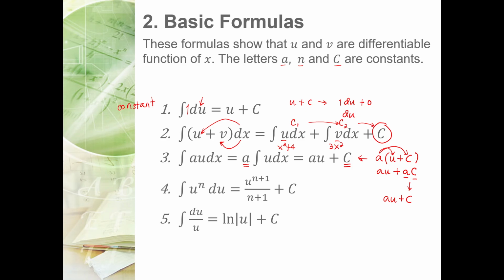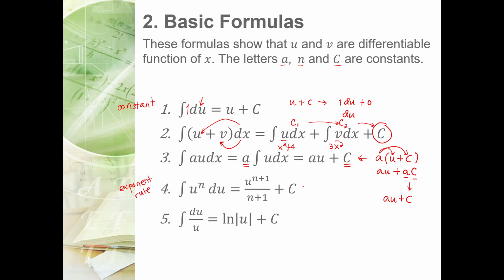Okay, so in the fourth formula, this one is the exponent rule of integration. If you have the exponent rule in your derivatives, you also have the exponent rule in the integral.